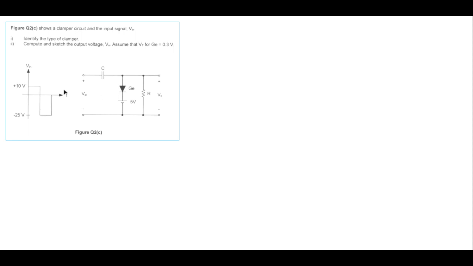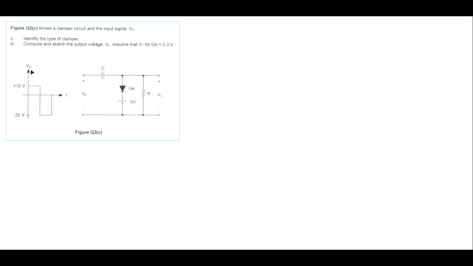For the positive clamper the waveform shifts upward. Different for the negative clamper, the waveform will shift downward. So positive clamper, the signal or waveform shifts upward, and for the negative clamper, your waveform or signal will shift downward.